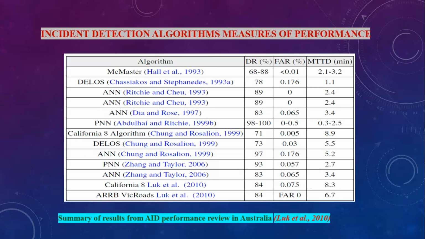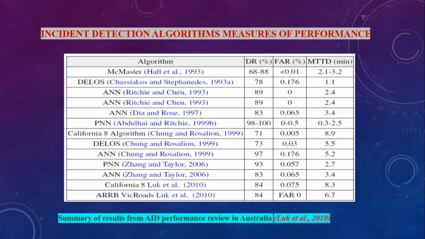Some might decide to go ahead with the PNN, maybe because that particular city or road does not have much of a problem with the time to detect. Time to detect is not really a problem, but they focus much more on the detection rate and the false alarm rate, which is quite positive with PNN.